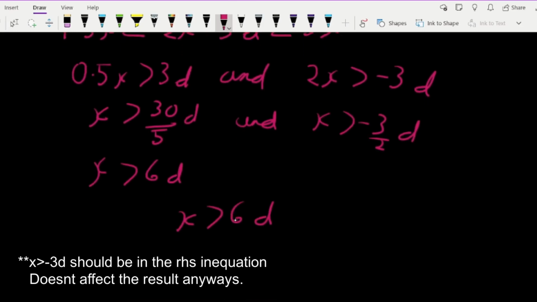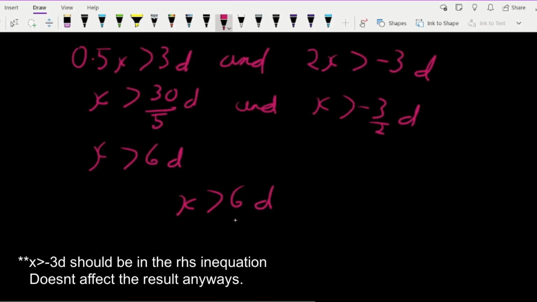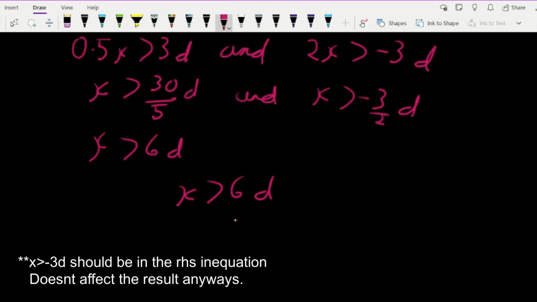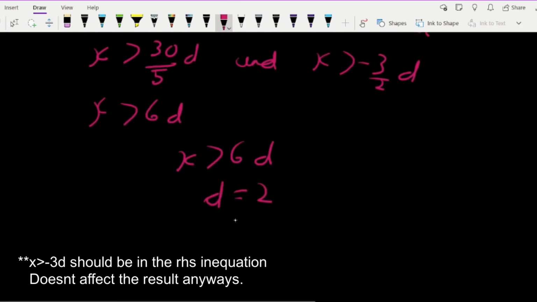So as we saw, for d is equal to 1, we should have x greater than 6 times 1, which is 6. But for d is equal to 2, we will get x should be greater than 12.